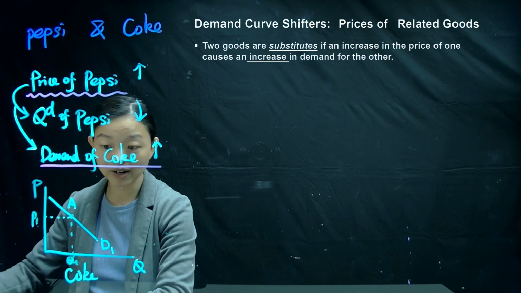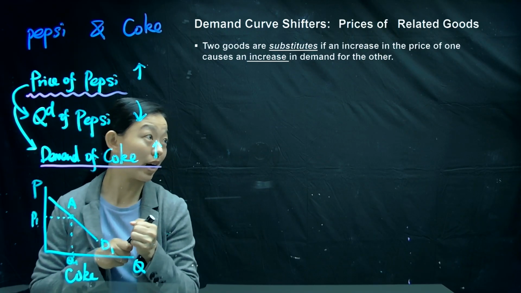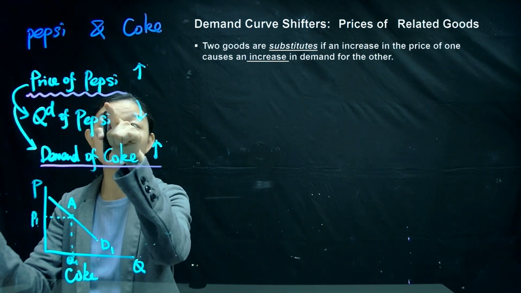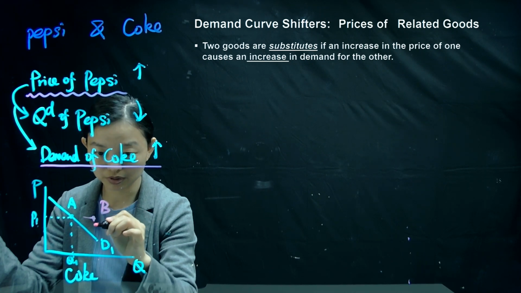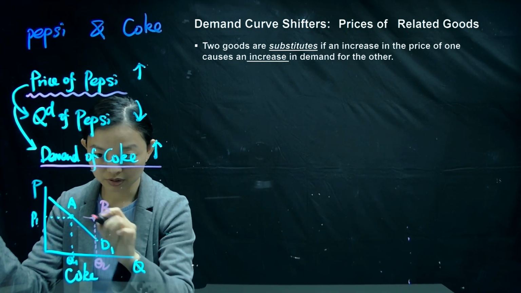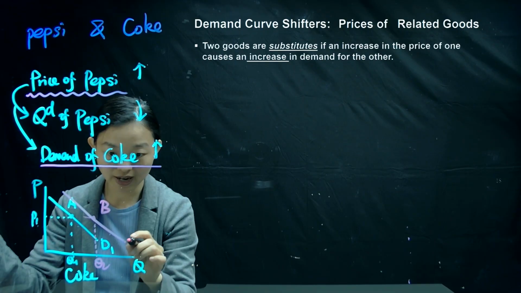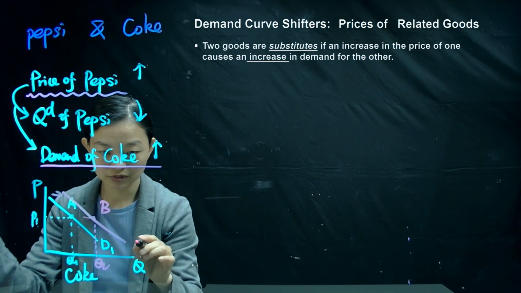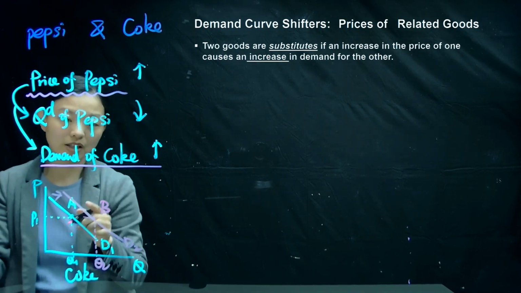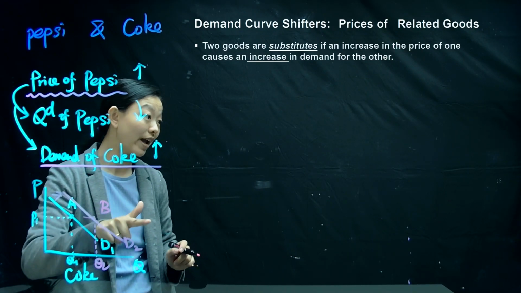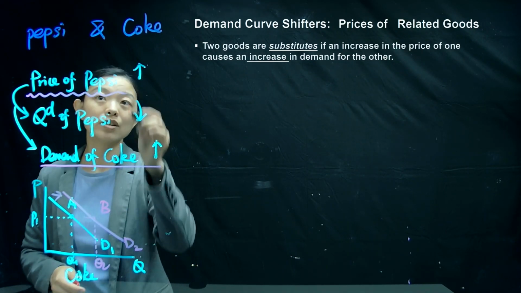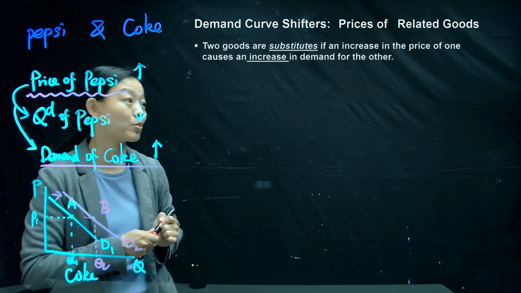Anything change in Coke price? Nothing changes in Coke price, right? But because of the Pepsi price increase, consumers switch to buy more Coke. So it will shift the demand curve for Coke to the right-hand side, okay? So we say these two goods are substitutes.